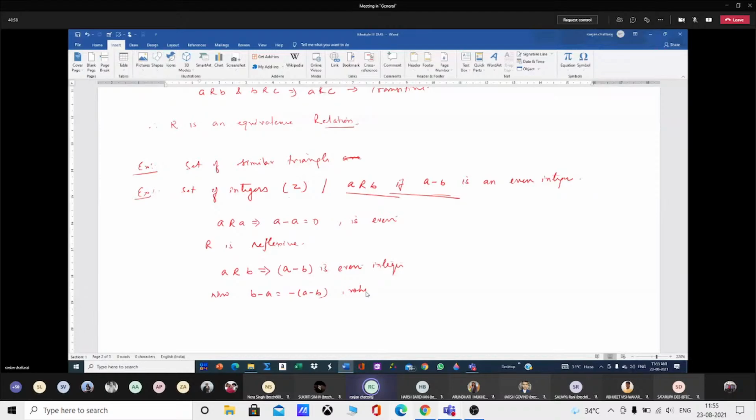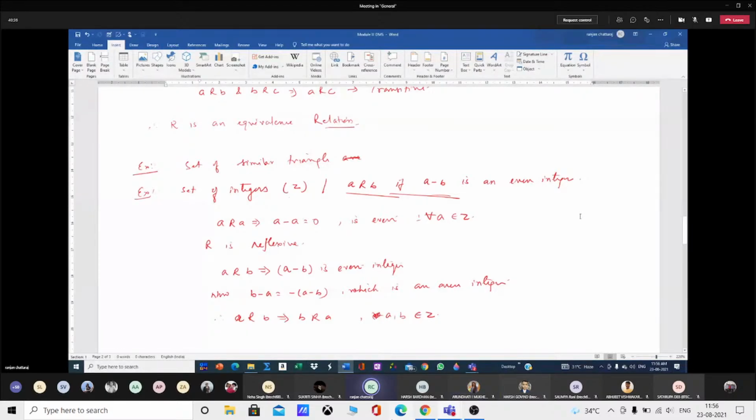Therefore A is R related to B implies B is R related to A, for all A, B belonging to Z. Here it is not required to write it, so leave it. So it is symmetric.